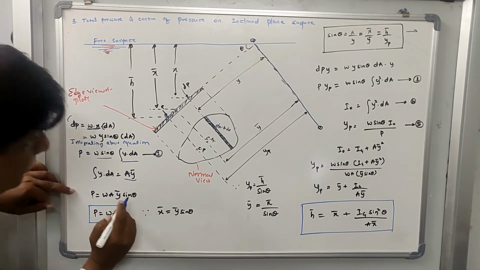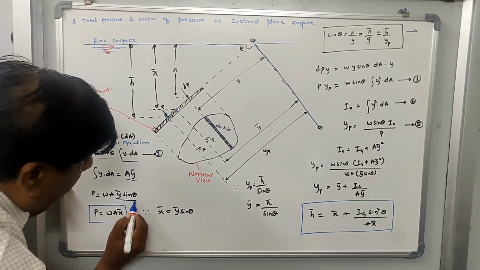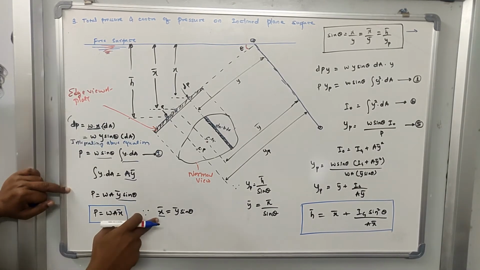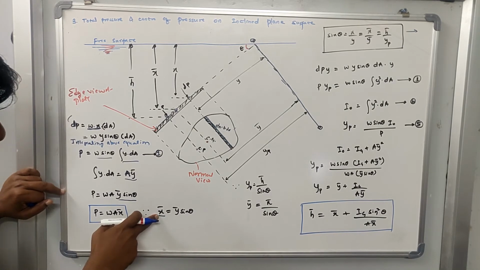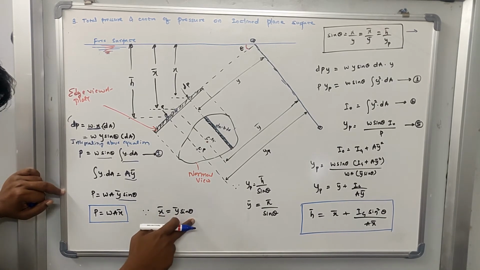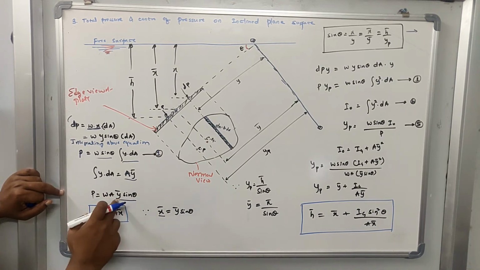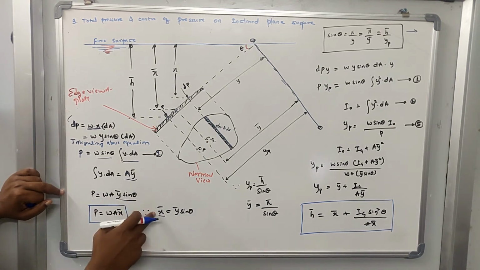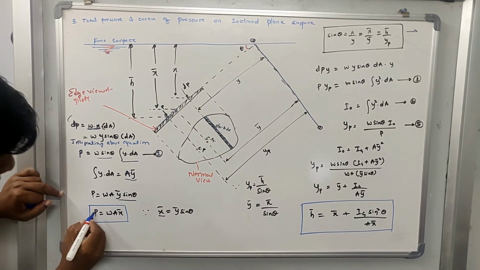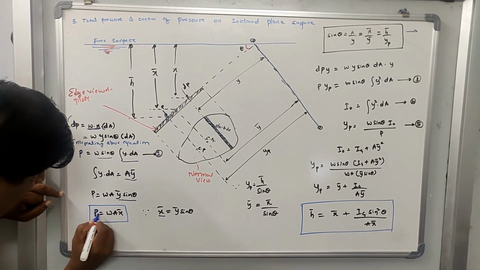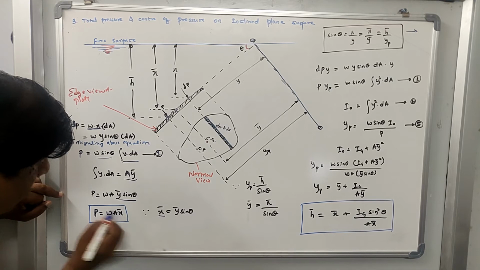Now substitute x bar equal to y bar sin theta in this equation. y bar sin theta is nothing but x bar. So the total pressure P is equal to W A x bar.